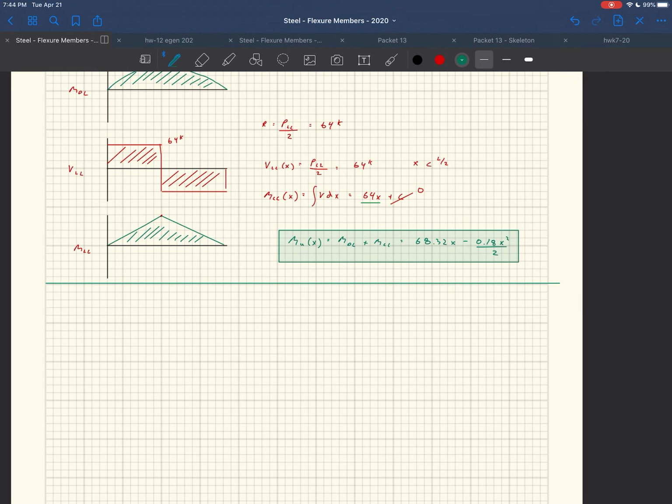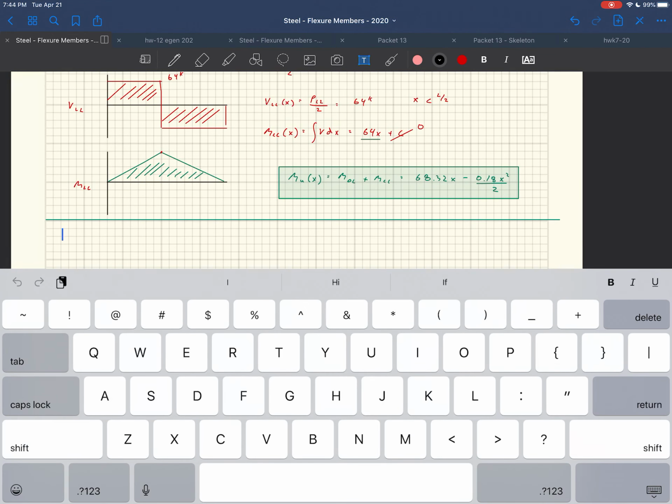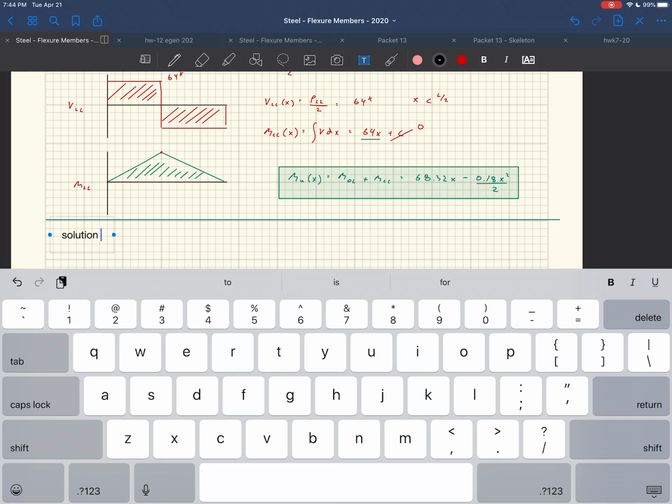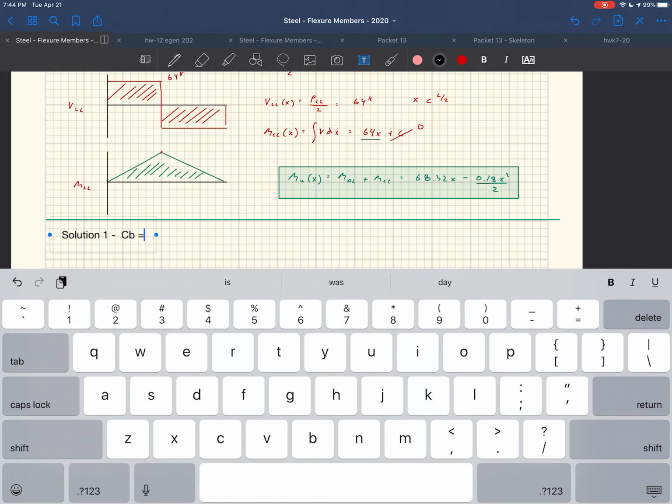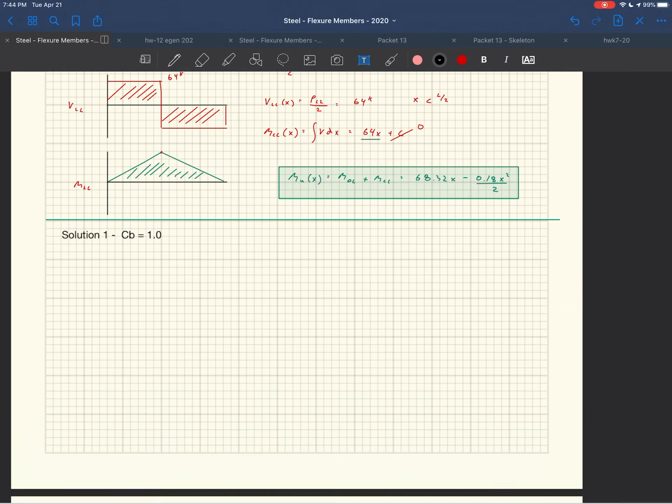So the first thing we're going to do is solution, capital M, 1. And this is going to be CB equal to 1.0. Okay, let's do that one first. Remember, you don't have to do both of these.